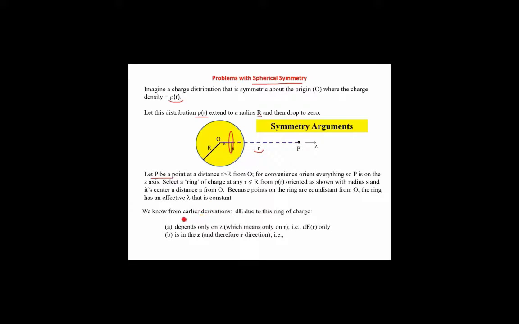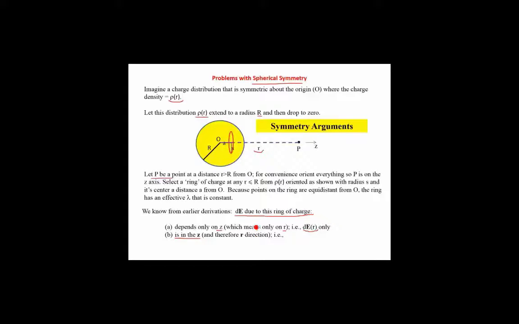We know from earlier derivations that dE, due to this ring of charge along the symmetry axis, depends only on z, which means it only depends on r. So in other words, the vector E can be written as a function of r only. We also know that the E field is in the z direction, and therefore in the r direction.